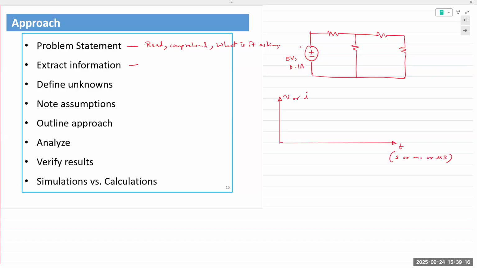Here, this could be in volts or millivolts. Current could be in milliamps, microamps, or nanoamps. That is also information. If you miss noticing this from the graph, your answer is going to be incorrect, even if the process and everything is correct.